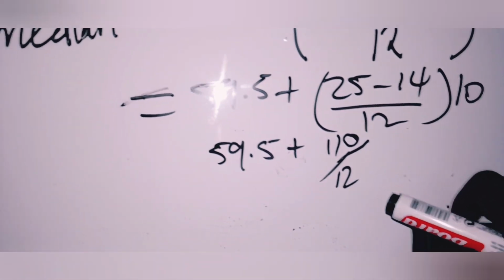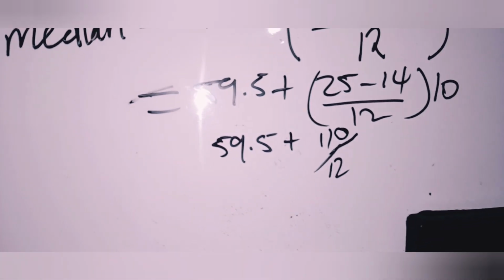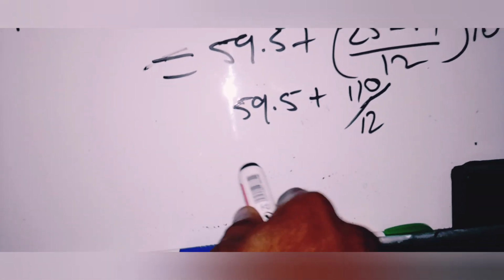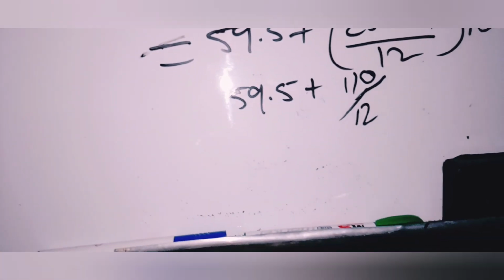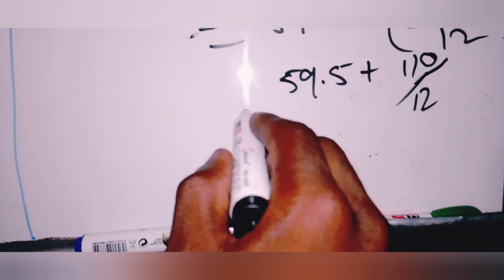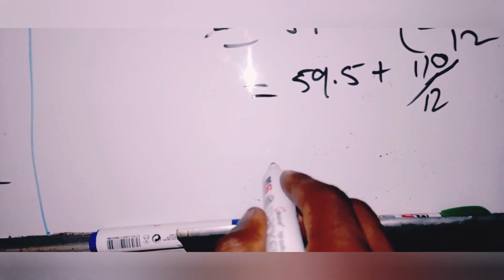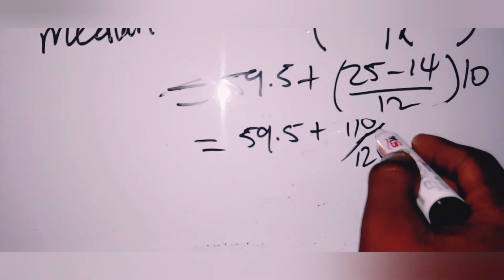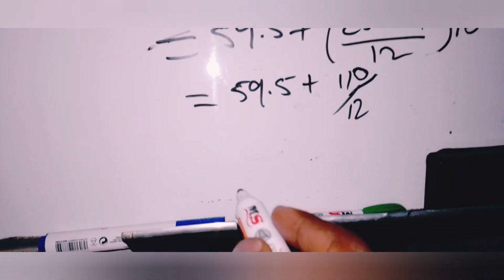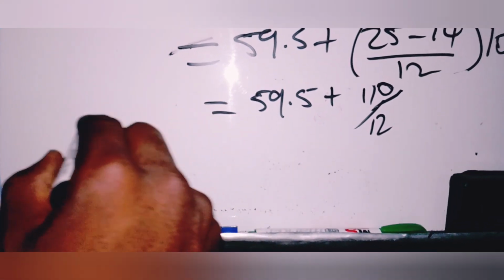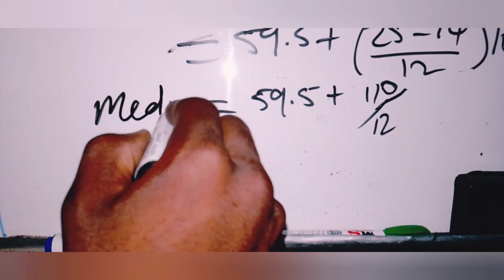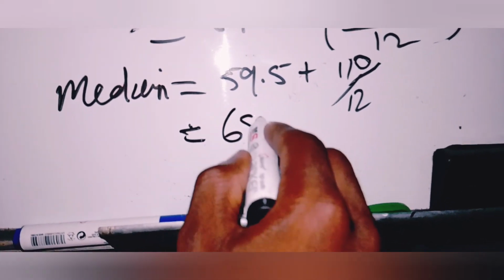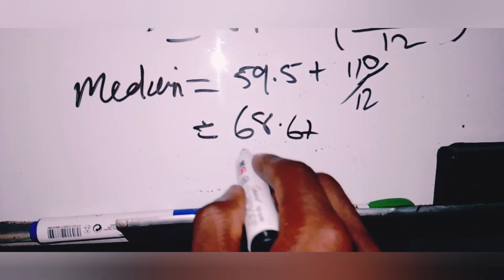Here you can do just a fraction, 59.5 plus 110 over 12, and then at last we are going to get the median: 68.67.